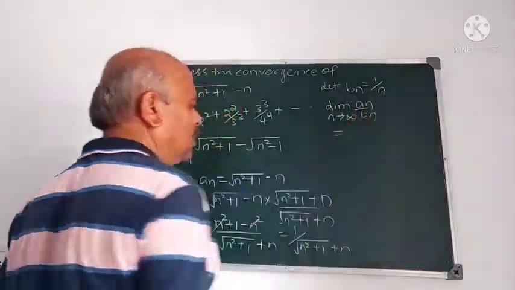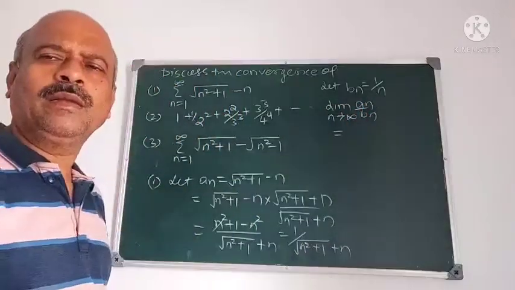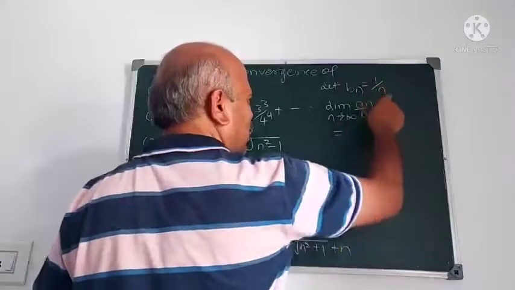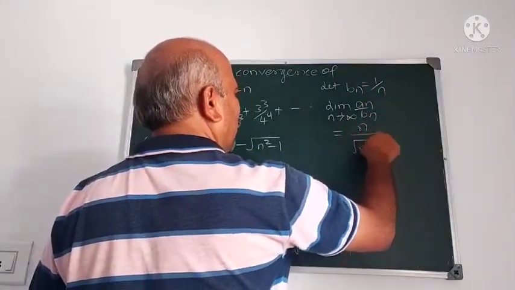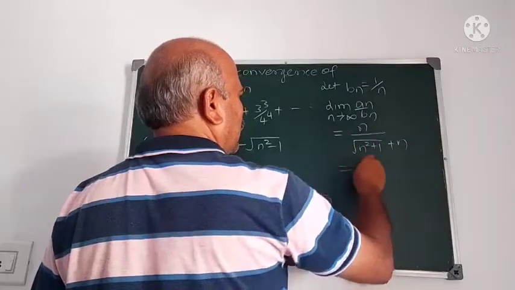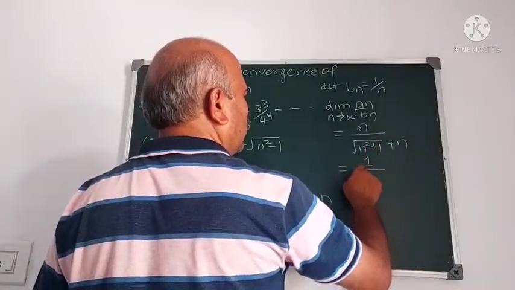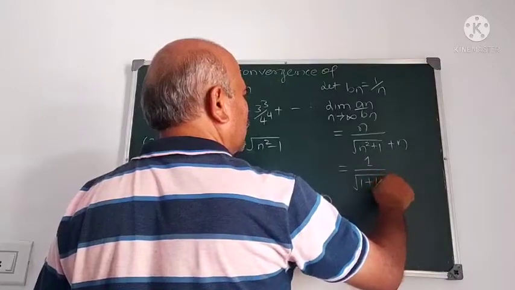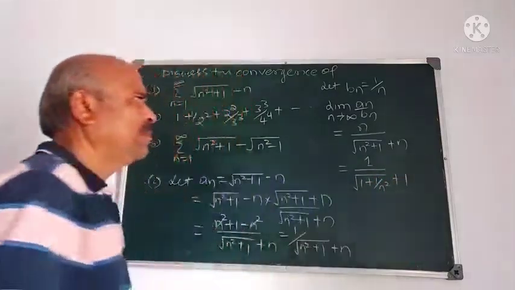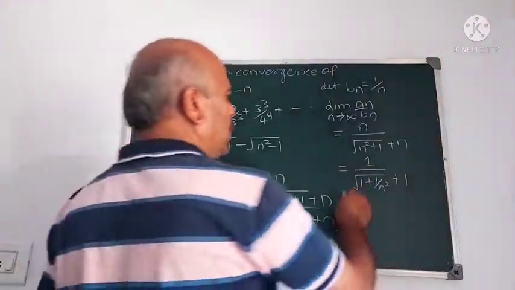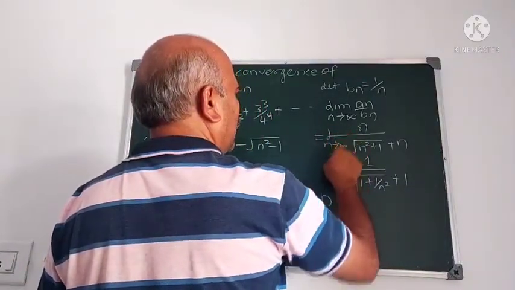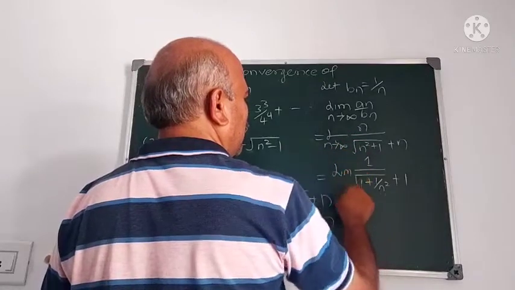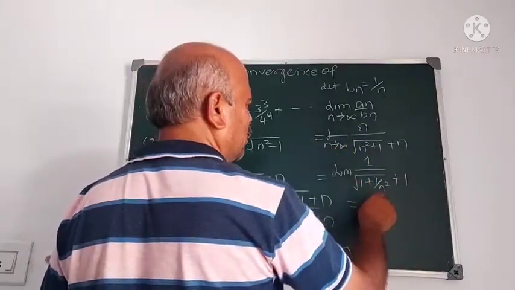Now you have to consider limit An by Bn, n tends to infinity. What is limit An upon Bn? Upon Bn means upon 1 by n, becomes into n, root n square plus 1 plus n. So it is 1 upon root of 1 plus 1 by n square plus 1, because we take n tends to infinity here. And what is the limit n tends to infinity of this?